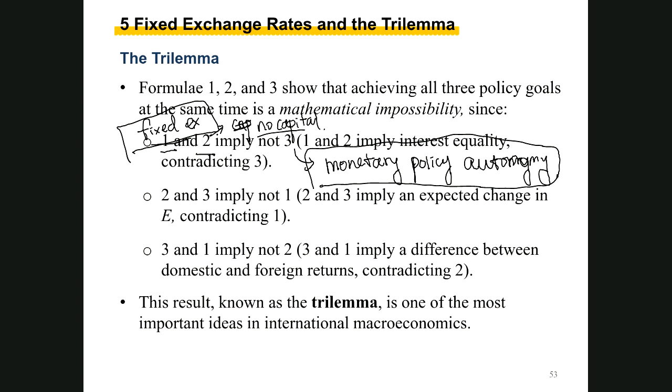Okay? That is under the condition of no capital control. Secondly, if the no capital control assumption applies, and you want to have your monetary policy autonomy, autonomy means you can control it, you have to give up what? You have to give up the fixed exchange rate.